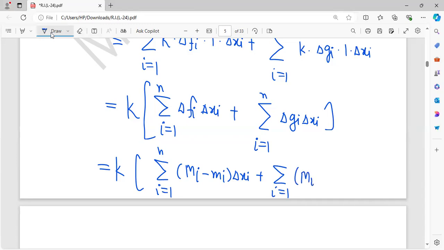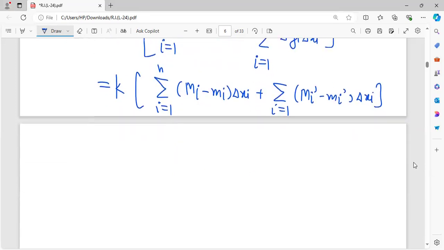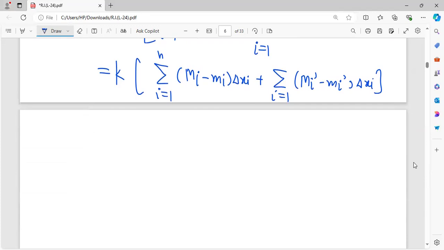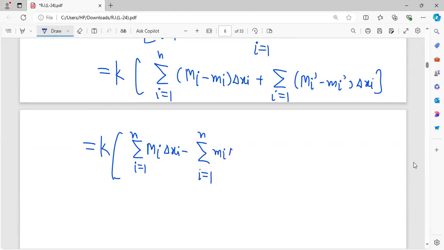So this is Mi dash minus small mi dash, delta xi. Okay. Now what is this? If you will expand this, what will you get? So expand this: summation i goes from 1 to n of Mi delta xi minus summation i goes from 1 to n of mi delta xi.